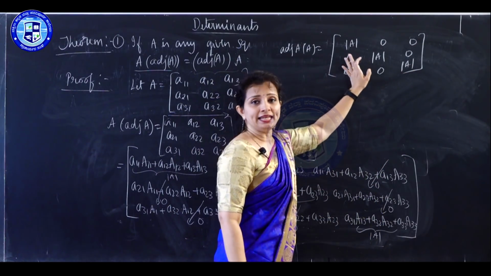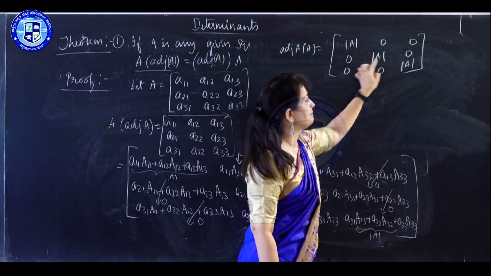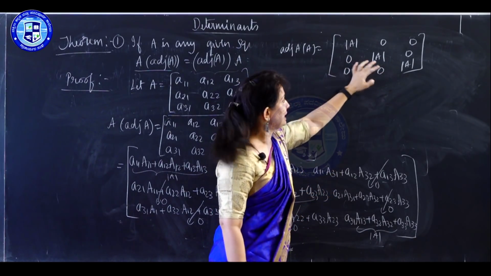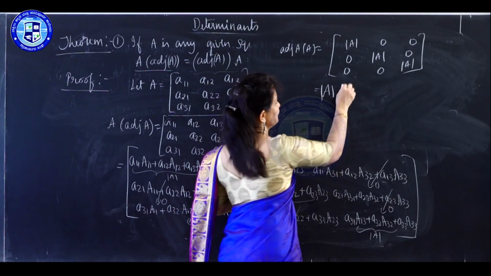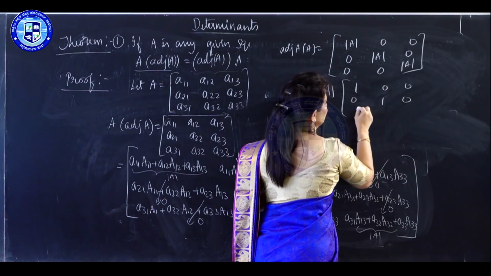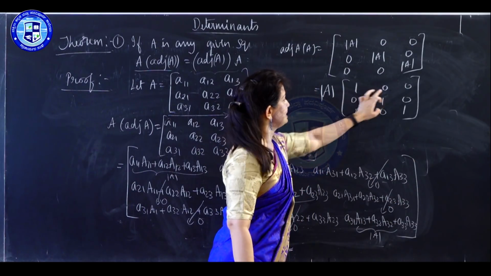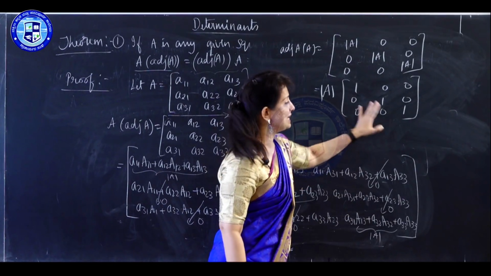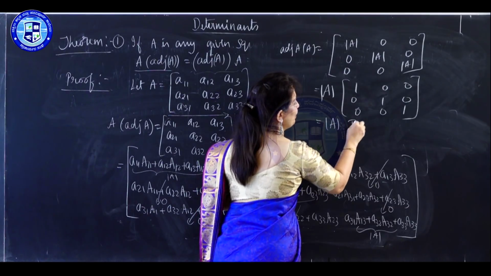Now, each element of a square matrix is multiplied by determinant A. Determinant A is a number, so that number can be taken out of the matrix to write this as 1 0 0, 0 1 0, 0 0 1. Determinant A is taken out. What is it? This is the identity matrix, which is nothing but determinant A into I.